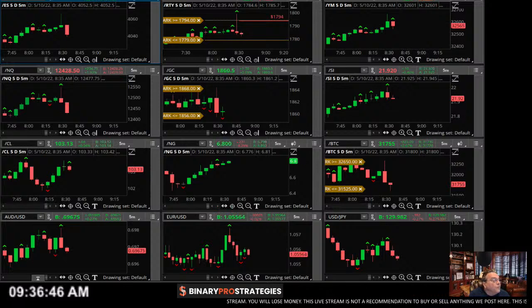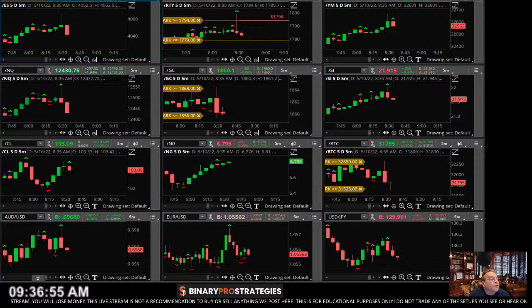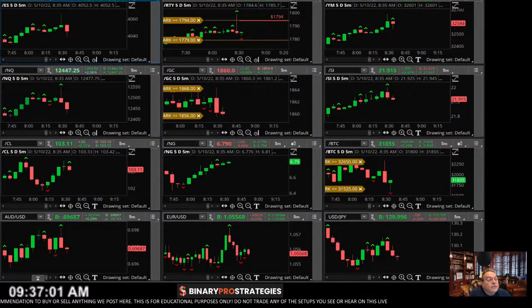Still long gold, looking for a target of 1868. Still short RTY, looking for a target of 1779. And those students that are watching, NQ is short.